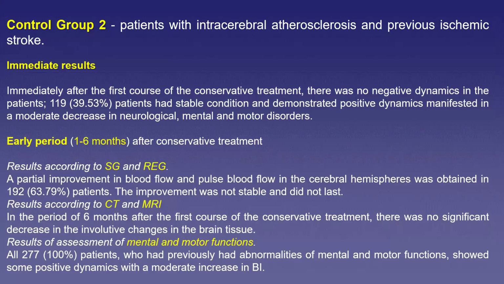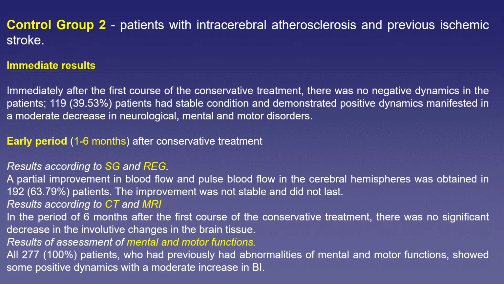Now let's talk about control group 2. These were the patients with intracerebral atherosclerosis and previous ischemic stroke that didn't receive PBMT. Immediate results. Immediately after the first course of the conservative treatment, there was no negative dynamics in the patients. 39.5% of patients had stable condition and demonstrated positive dynamics manifested in a moderate decrease in neurological, mental, and motor disorders.